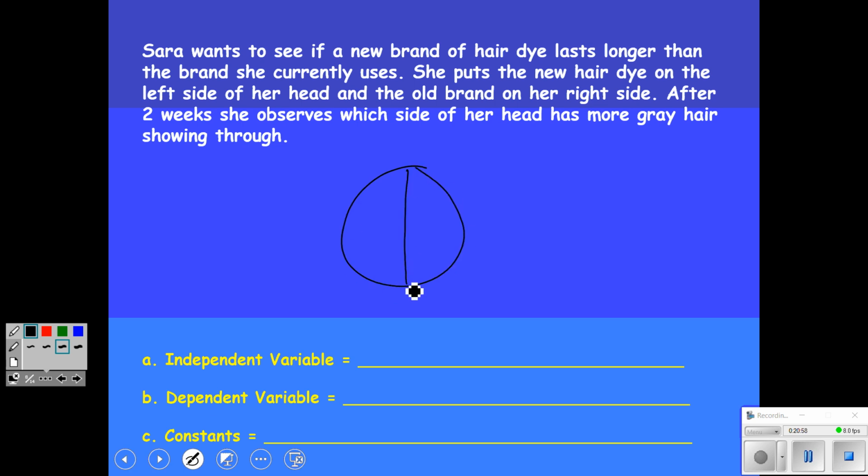I have a head with a left side and a right side. It tells me specifically up here that on the left side, she gets the new hair dye. On the right side, she puts the old hair dye.